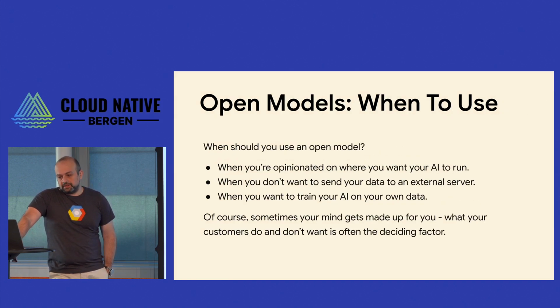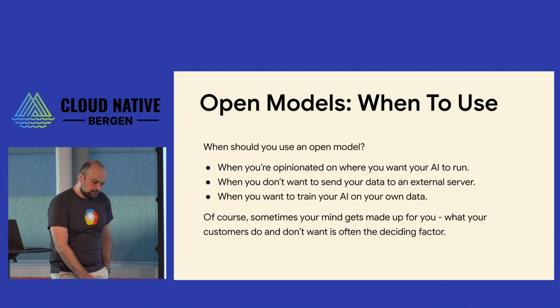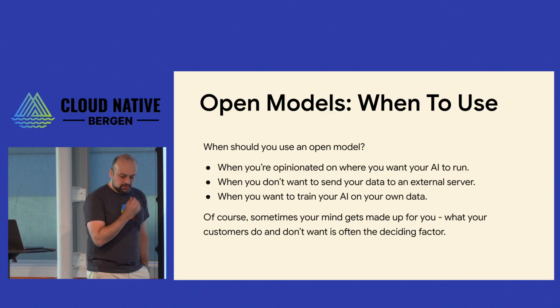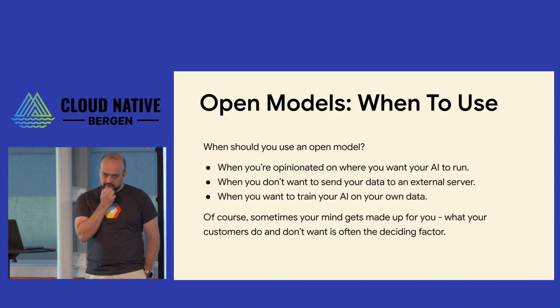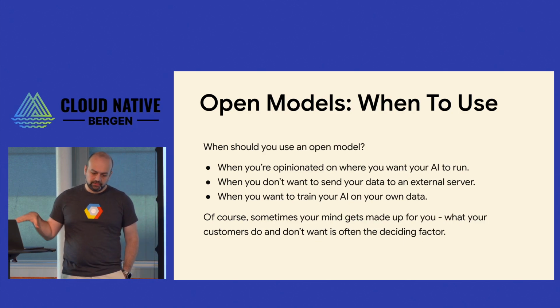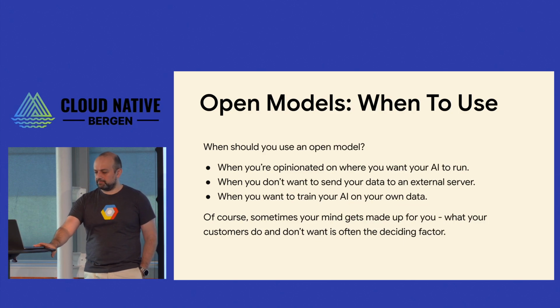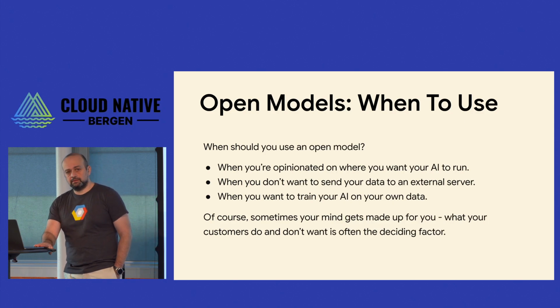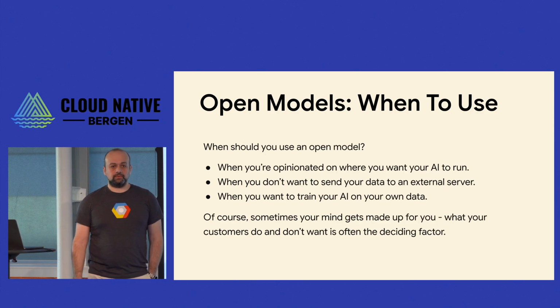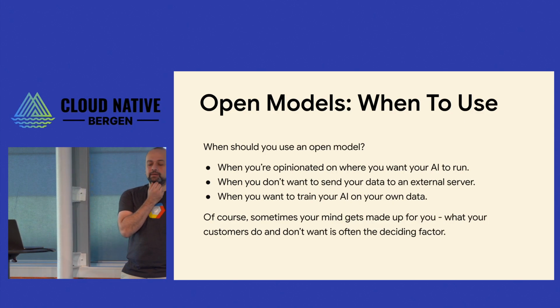Why do you want to do that? When do you want to do that? And all this kind of thing. Open models usually run locally, so you can actually run them on your machine. On this machine, I'm running a couple of models, and they're pretty fast. If you haven't heard your fans on your Mac for a while, it's a good way to make them work.